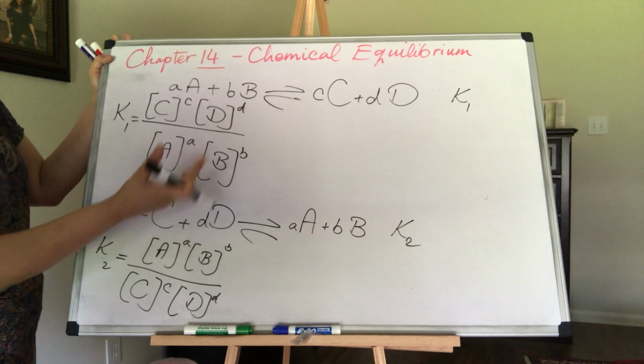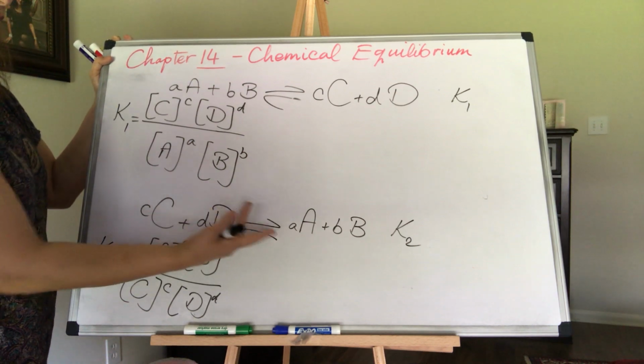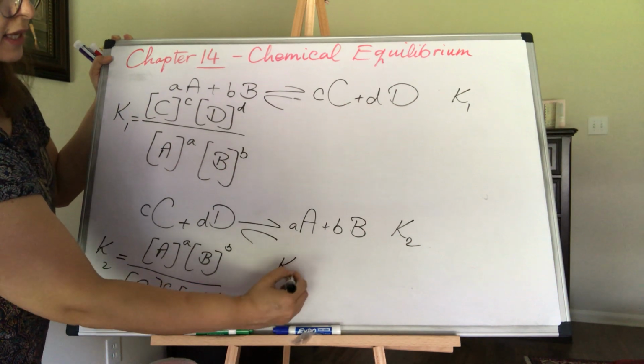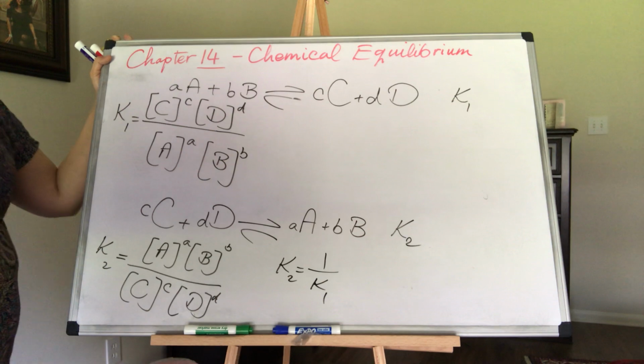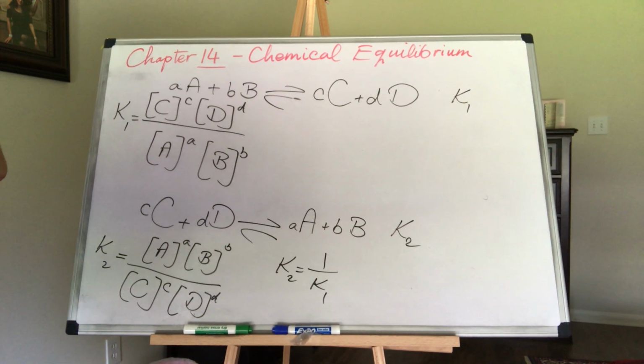So basically, whenever you invert or flip, reverse a reaction, its K is going to be inverse of previous reaction. Okay? This is what you keep in mind because it becomes very handy.